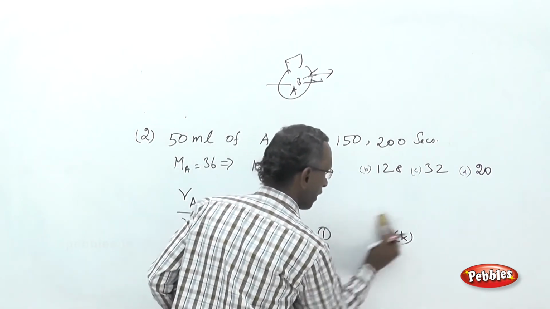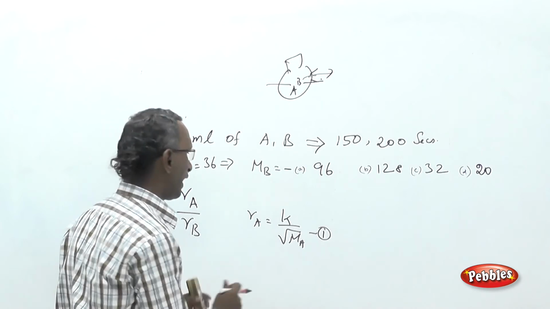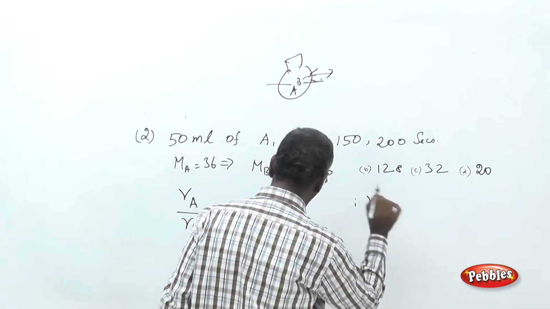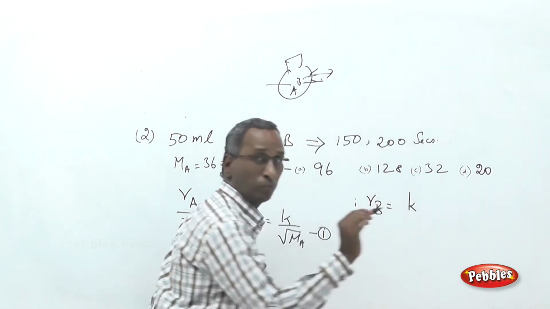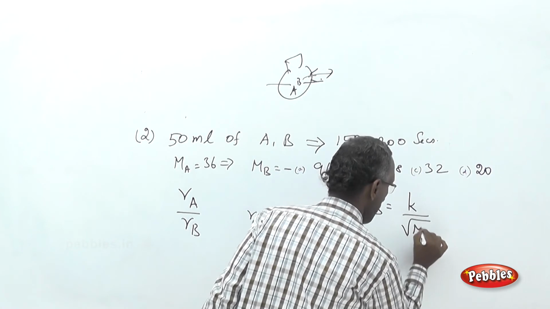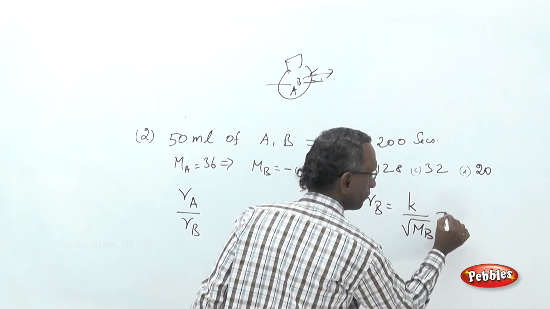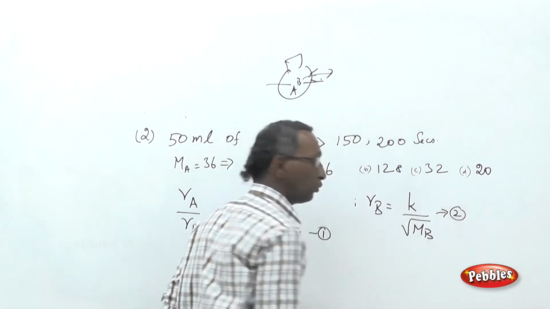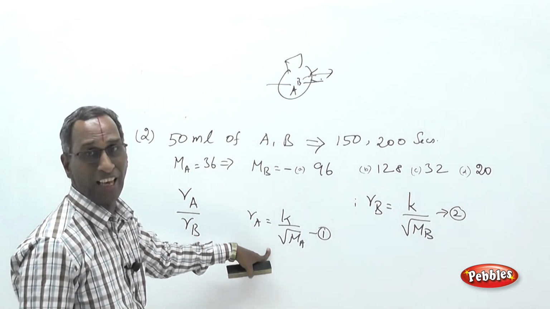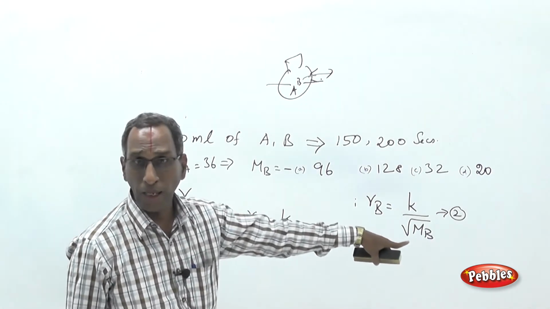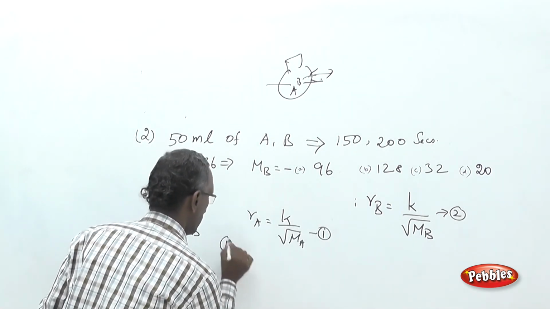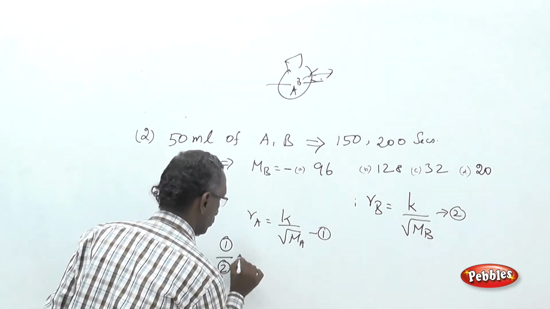Then the same Graham's law of diffusion can be applied for the second gas, B. You can write RB equals K by root of MB, since the constant will not differ. So equation one is Graham's law applied to the first gas A, and equation two is Graham's law applied to the second gas B. Now divide equation 1 by equation 2.